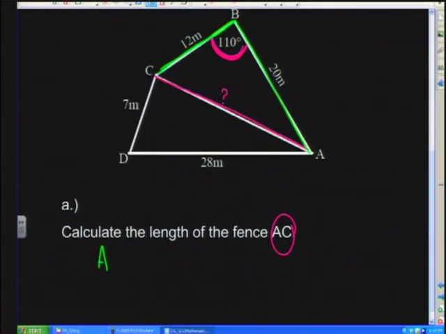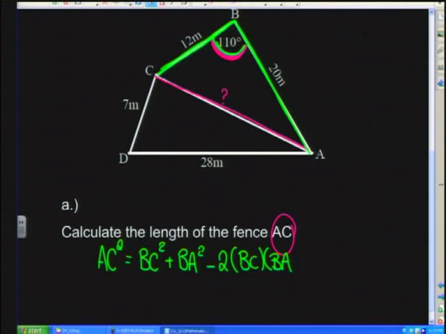To find the length of line AC, I'm going to say AC squared is equal to, remember you had to take the two sides and the included angle. So I'm going to take the length of BC squared plus the length of BA squared minus 2 multiplied by BC times BA times cos of the included angle, which in this case is angle B. Okay.